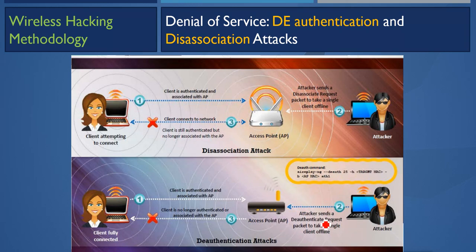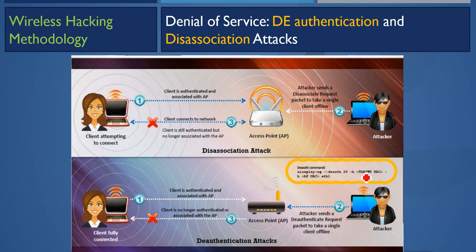Now you can see the command is the same, aireplay-ng, adding this deauth command, and it is going to send 25 deauth packets. It uses -h to add the host MAC address, then -b to add the AP MAC address, and then the interface name where it wants to send the deauthentication packet.